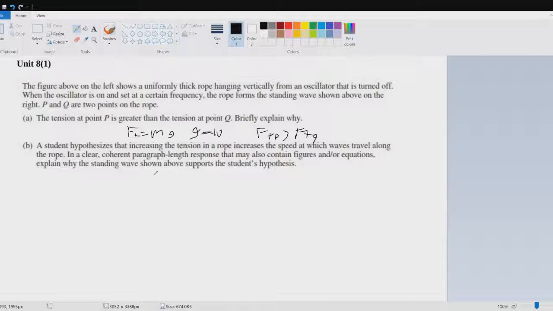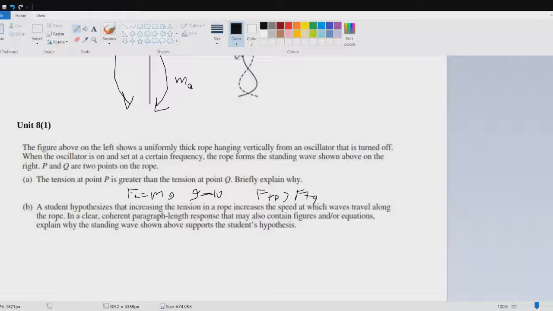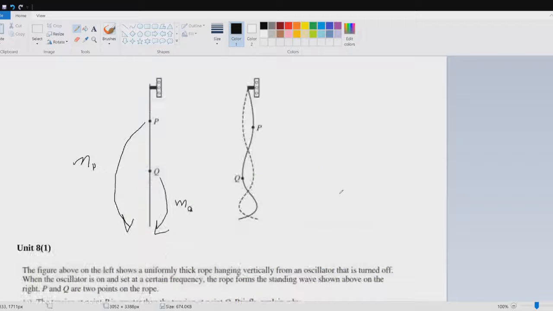Okay, so now for the second question, it asks, increasing tension in a rope increases the speed. So we need to explain that.